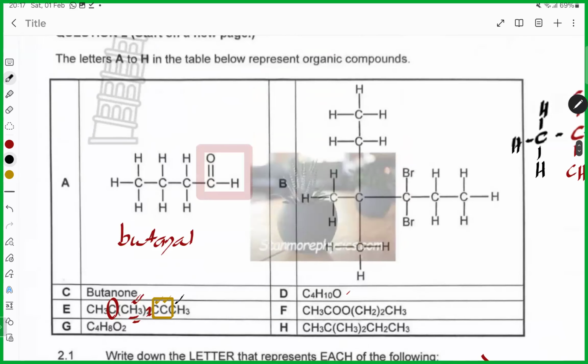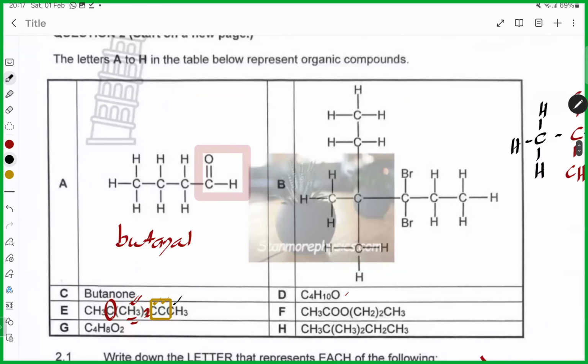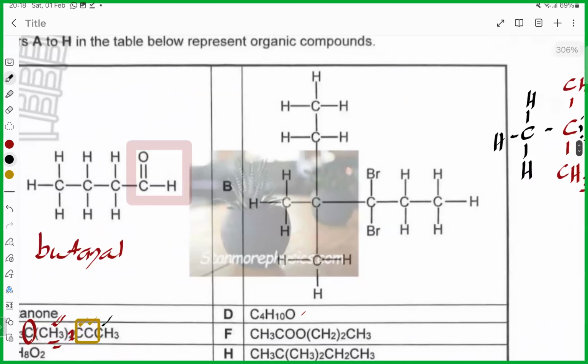IUPAC name of B. Three bromo, four ethyl, four methyl pentane. I think that's wrong.